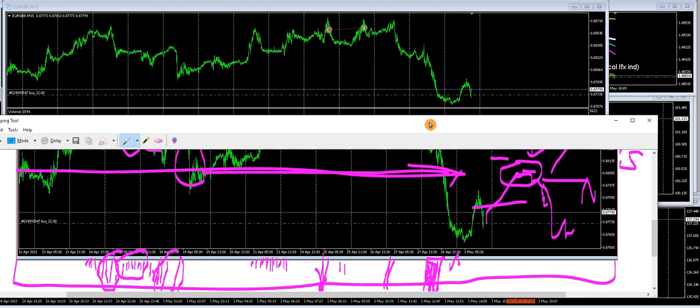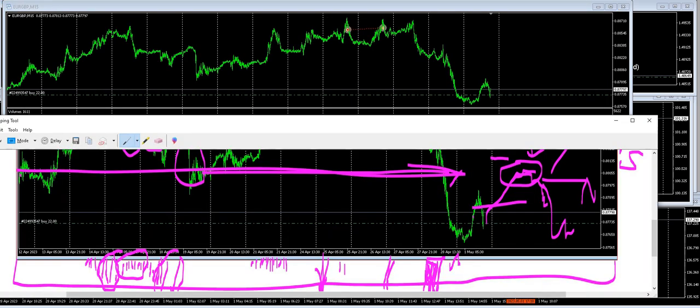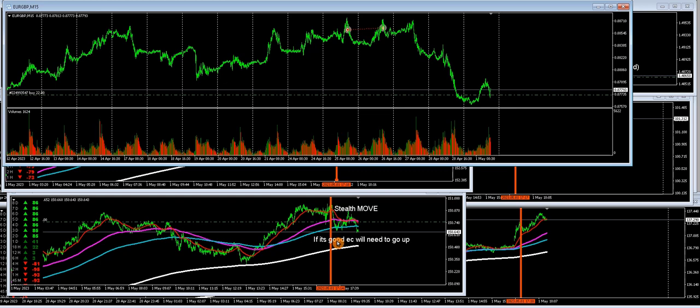We're at the same area here. Yeah, roughly. So we know it's high volume here, here. We have to move this up.